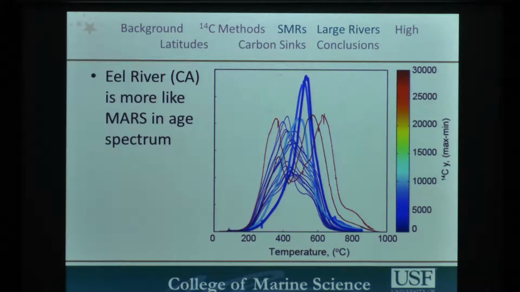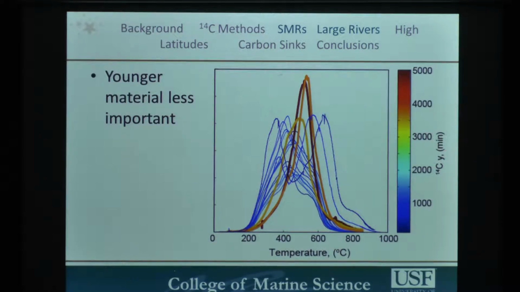Here we have this model of a small mountainous river, and by our method, it's plotting out just like the Mississippi. Well, it's not that simple, because here we're looking at just sort of a parameter of the age spectrum, the maximum minus the minimum. But if we look at, for instance, the minimum ages, the Eel River actually is delivering overall much older material on a whole.